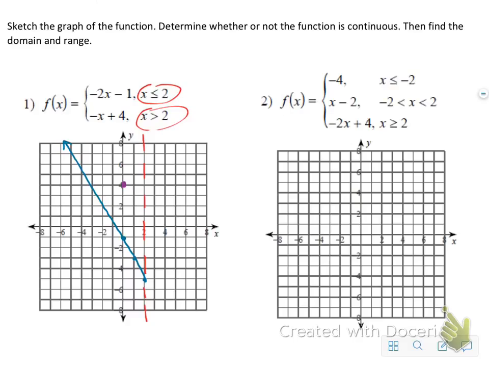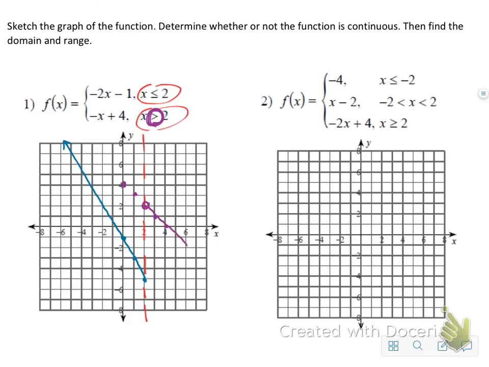Now I know my slope is negative 1 because it's negative x. So it's down 1, right 1. So the next point would be here. Down 1, right 1, here. Down 1, right 1, here. And keep going. Except that I'm only going to use the points to the right of this dotted red line. And this is greater than 2, not greater than or equal to 2, which means that is going to be an open circle.